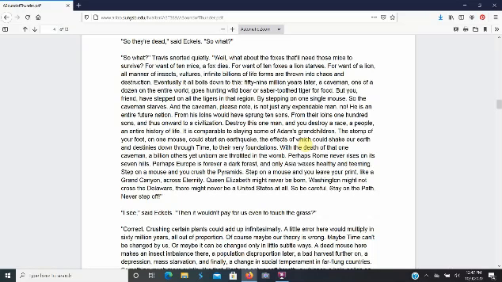It is comparable to slaying some of Adam's grandchildren. The stomp of your foot on one mouse could start an earthquake, the effects of which could shake our earth and destinies down through time to their very foundations. With the death of that one caveman, a billion others, yet unborn or throttled in the womb.